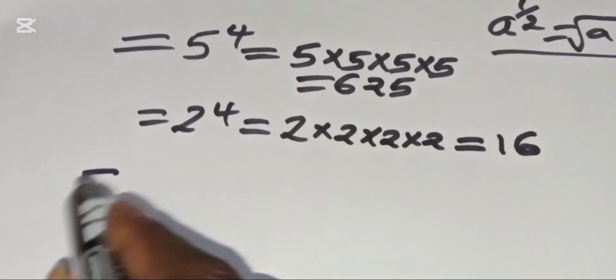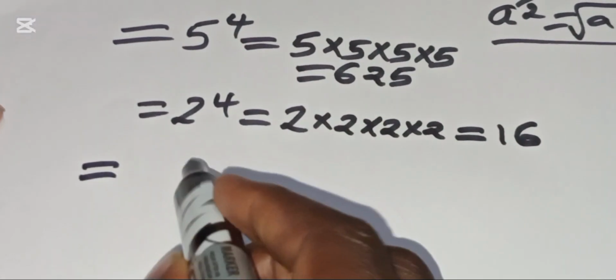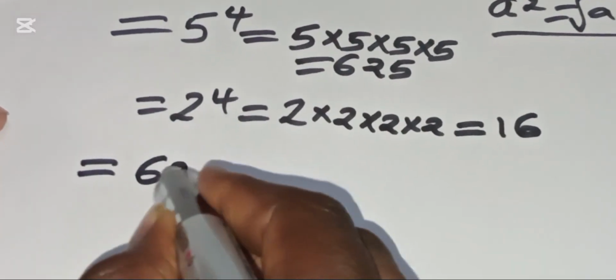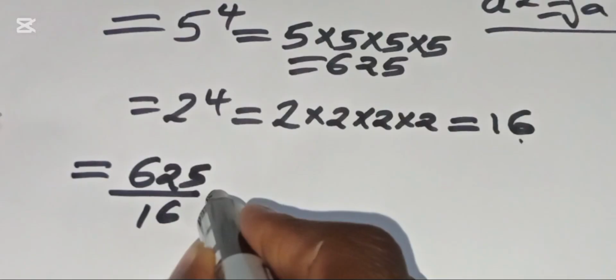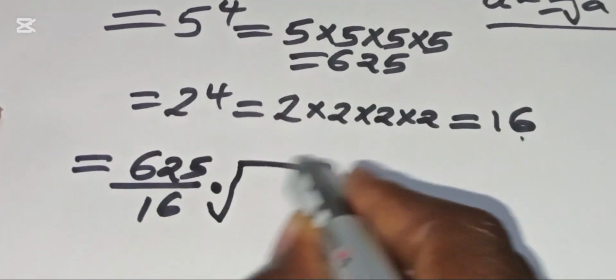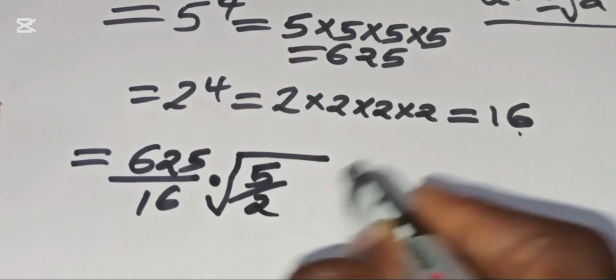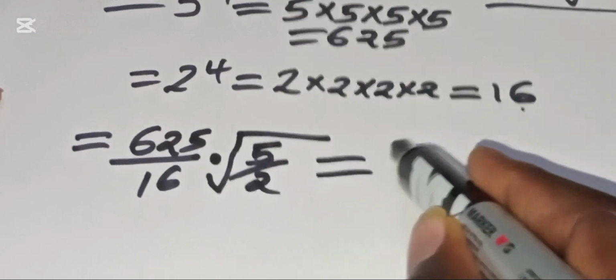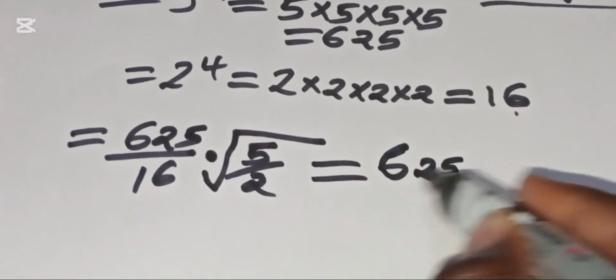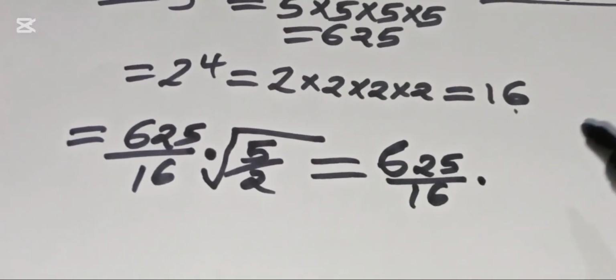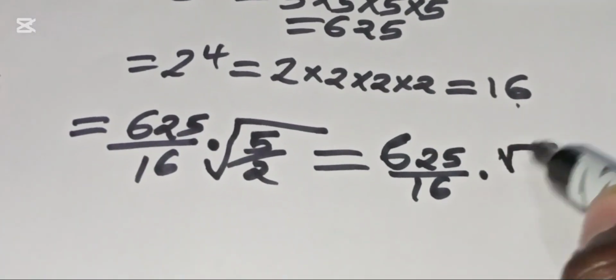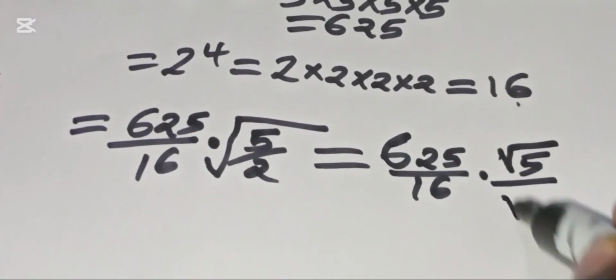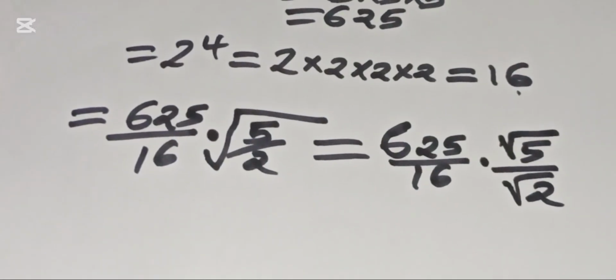We're going to have 625 divided by 16, multiplied by the square root of 5 divided by 2, okay? Now the square root of 5 over 2 is the same thing as square root of 5 divided by square root of 2, okay?